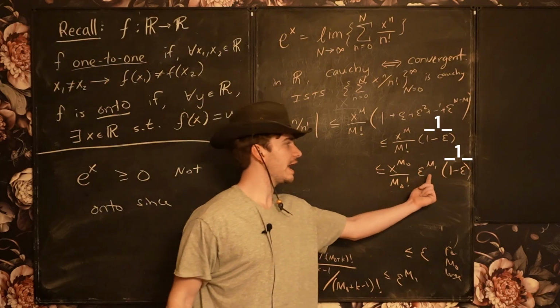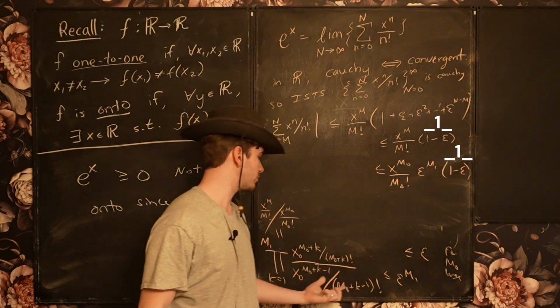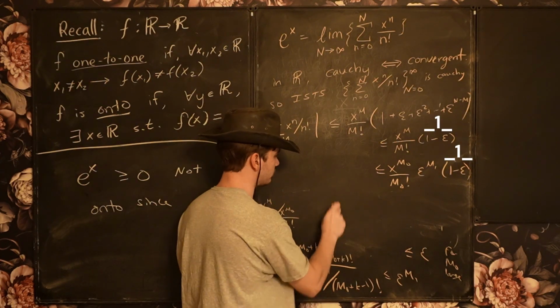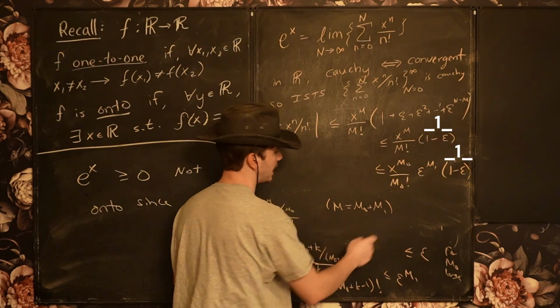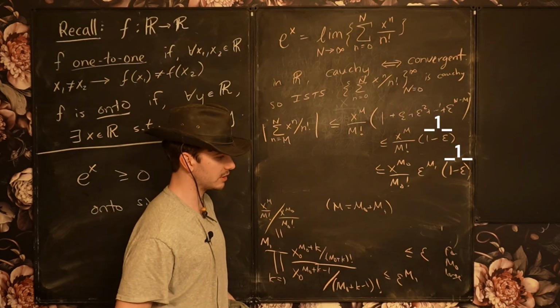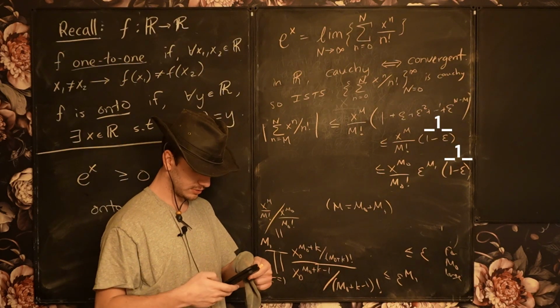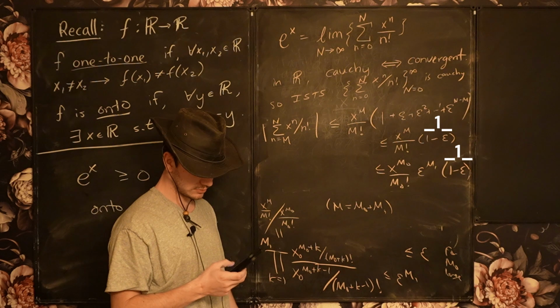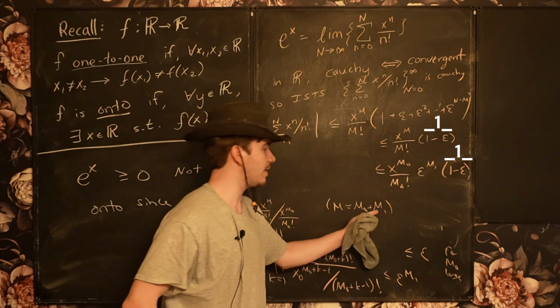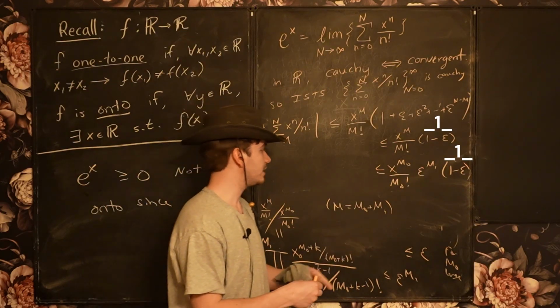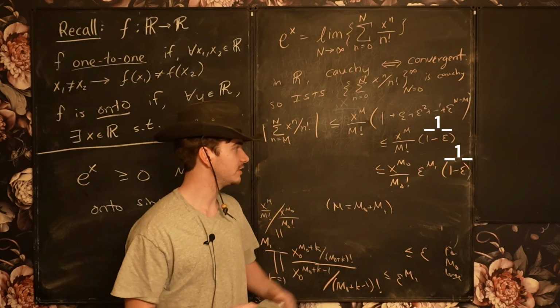Now, finally, sending m1 to infinity, which is equivalent to sending m to infinity. Remember, m is equal to m naught plus m1. So as I send m1 to infinity, I'm sending m to infinity.